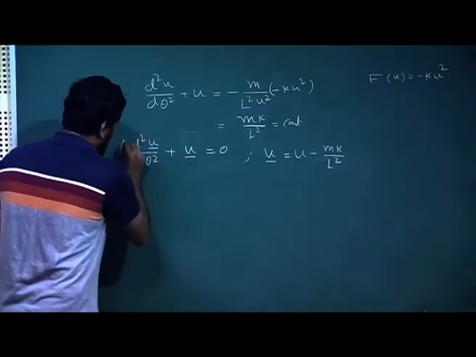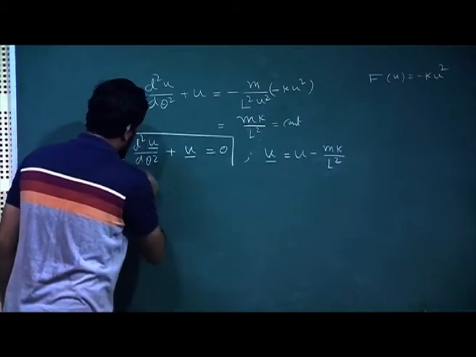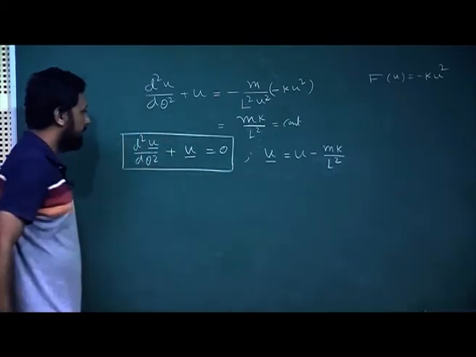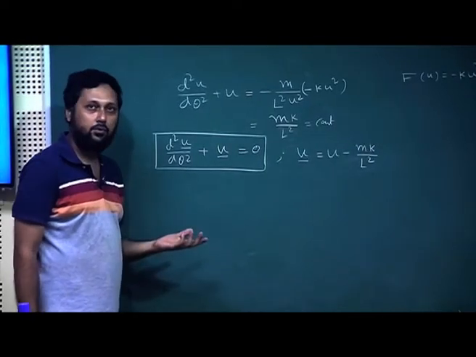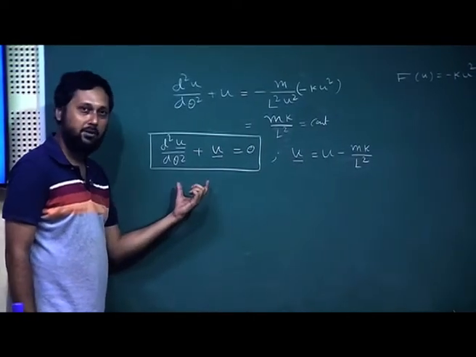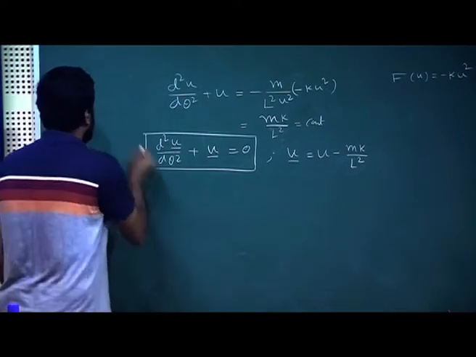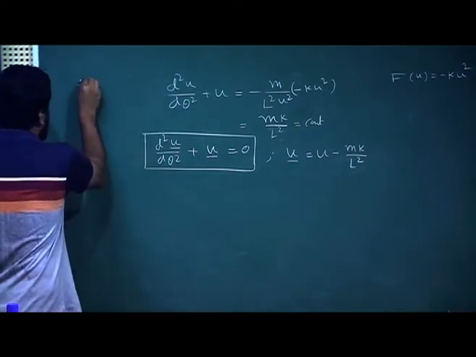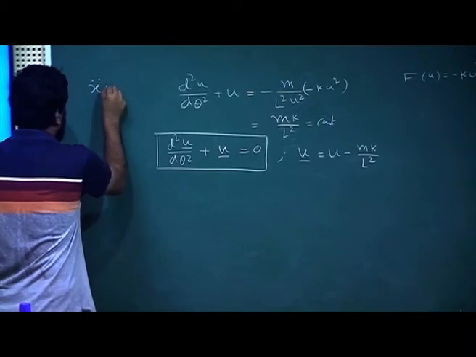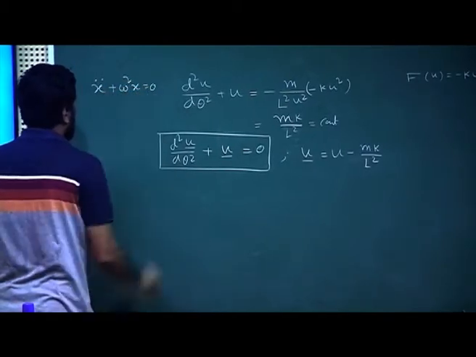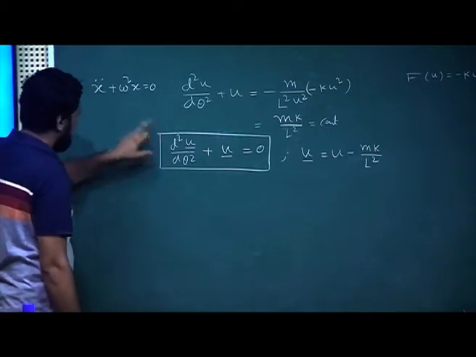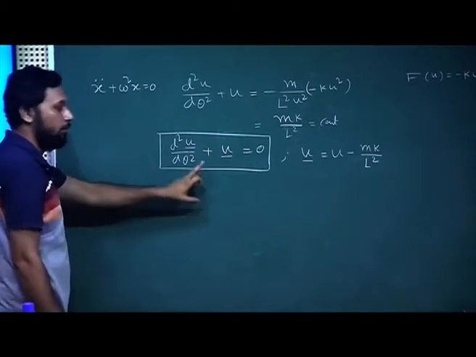Now, this is a very familiar form. Remember simple harmonic oscillation? Under no resistance, under no external force, the simple harmonic oscillation has this familiar form. If you do not recall, I will just remind you, it will be ẍ + ω²x = 0. In this case it is equivalent with ω² = 1.